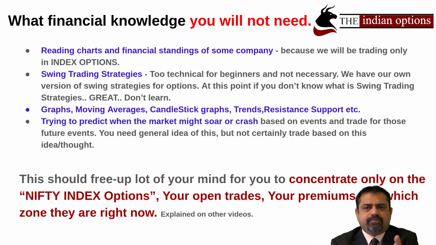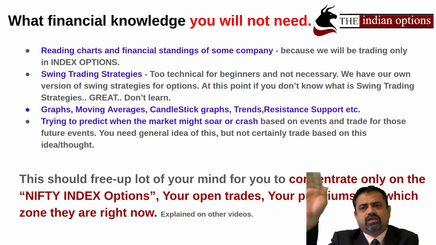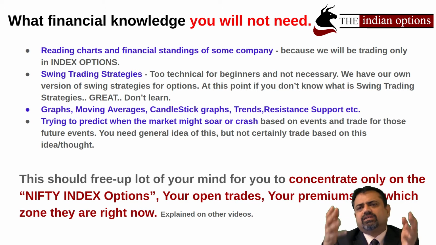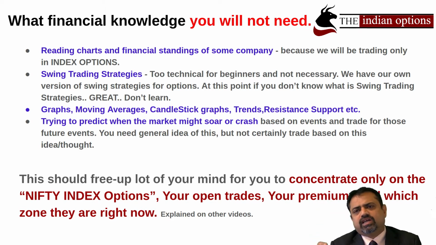Don't do that. If the market is going down right now, if it is a fact, happening right in front of you, then you have to accept that and take the decision. Don't work on assumptions. Never work on assumptions. In stocks and in mutual funds, maybe you can assume, you can get some tips from here and there, you can take some trades, and you can afford to wait for months or even years if you have to.